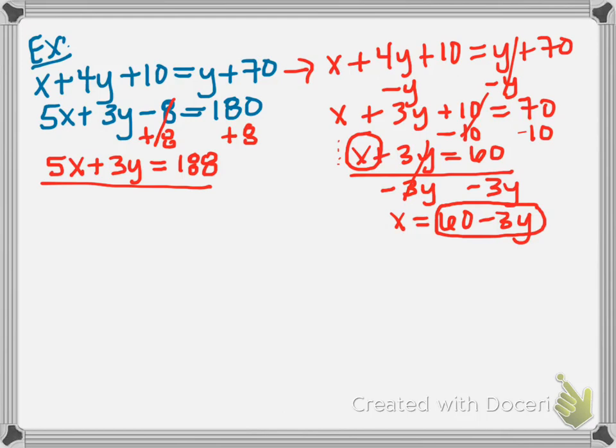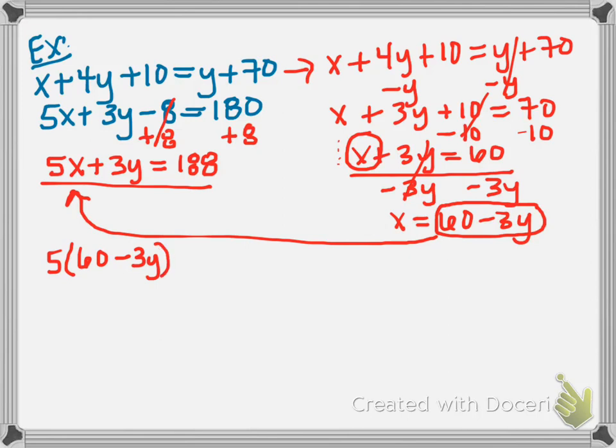This expression means the same thing as x. So what we're going to do now is we're going to go to our other equation and we're going to substitute x with that expression. We need to make sure to put the expression in parentheses because we will be multiplying it by the 5. So 5 times (60 minus 3y) plus 3y equals 188.